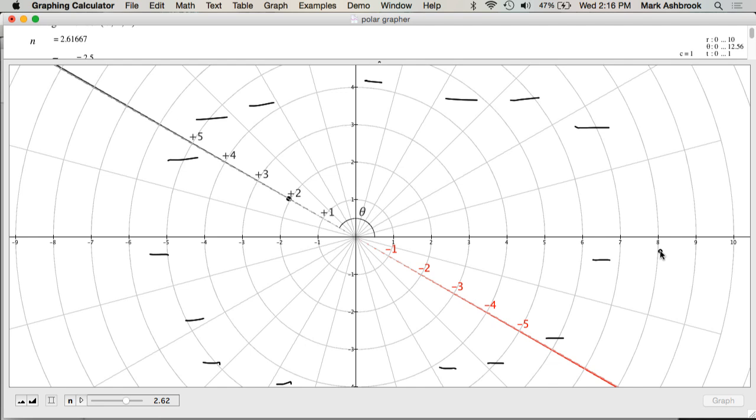For instance, what angle is this? You said 5 pi over 6. Remember that? So the coordinates of this point are 2, 5 pi over 6.